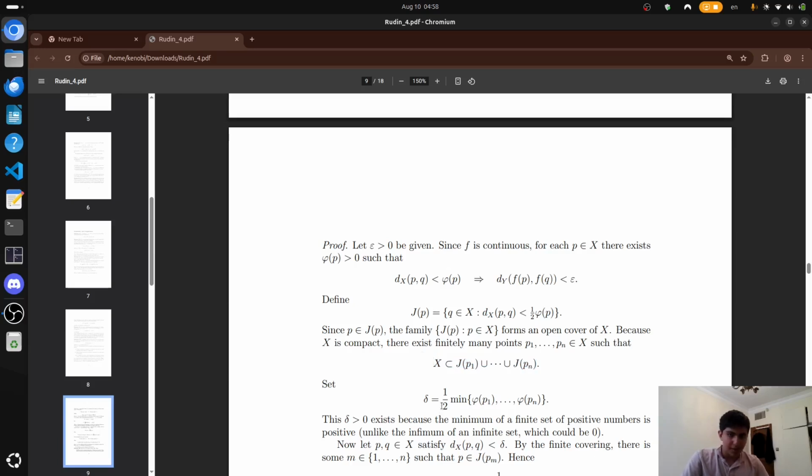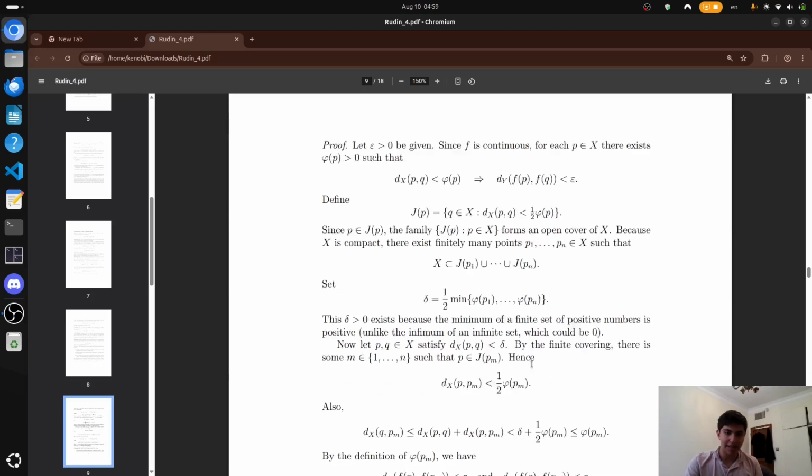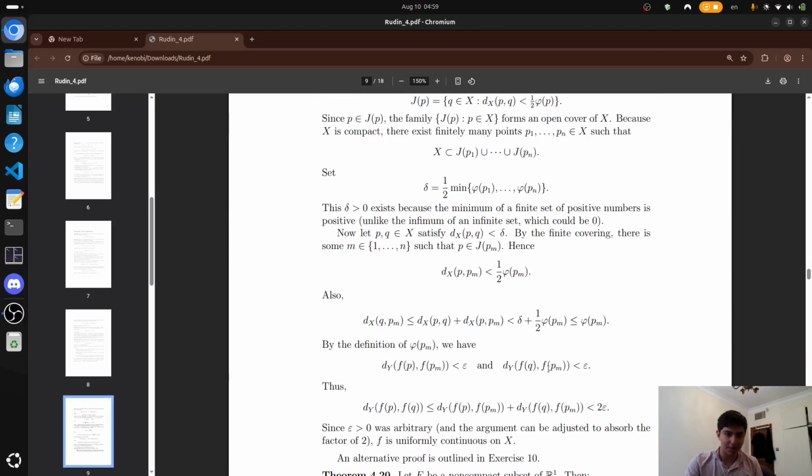Now we set delta equals 1/2 times the minimum of phi p1 all the way to phi pn. So you're taking an open cover, and now you're going to take the minimum of those distances, and you're taking half of it. And the strategy here is that you want to add it with the other half and show that it's going to be less than epsilon.